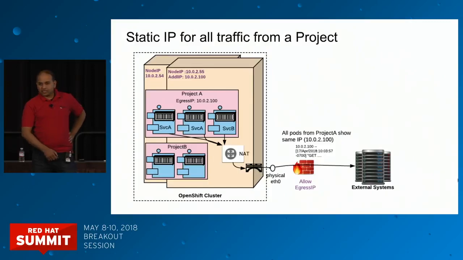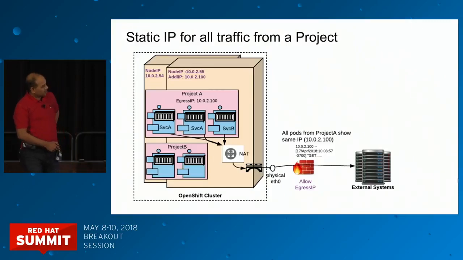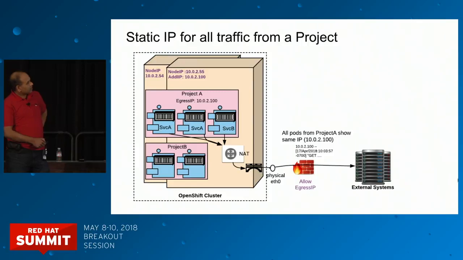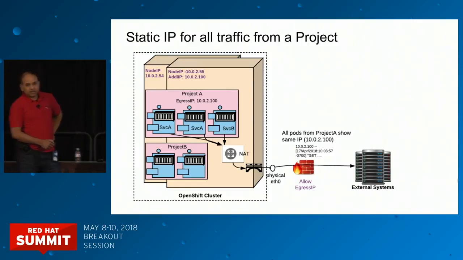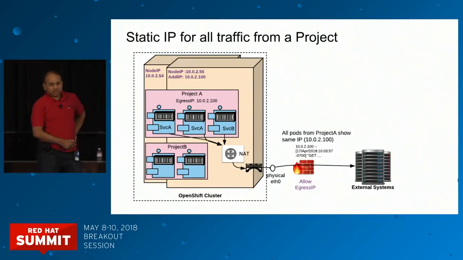We recently introduced in 3.9 this other solution where you can assign this egress IP at the project level. So if you are running n number of services within a project, you don't need to create an egress pod anymore. All the services, when the traffic goes out of the project, will get the same IP address, irrespective of where these pods live.